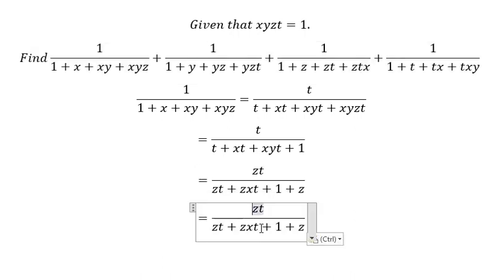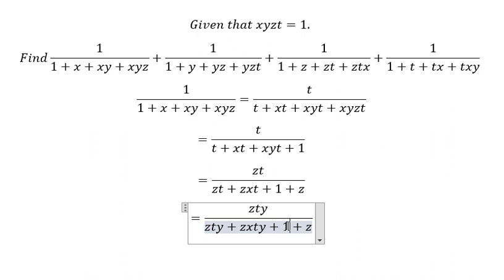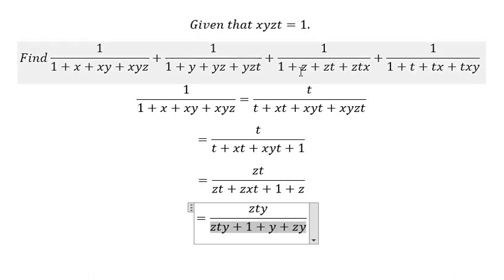And now we put the next one, that is about y. And we can see that this one equals number 1, and this one repeats again from this one.